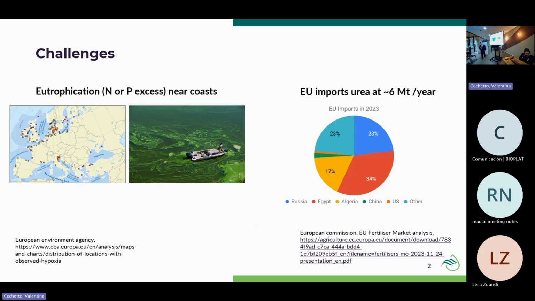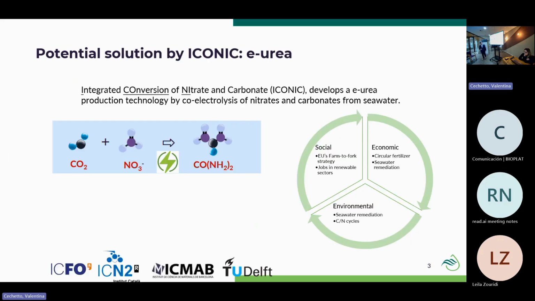The motivation behind it is that there are environmental and material supply challenges. On one hand, excess nitrogen in the ocean can cause eutrophication issues. On the other hand, in the EU there's a gap for urea imports. So what our project ICONIC tries to do is move the unwanted nitrogen to where we need the nitrogen, as nitrogen fertilizer.